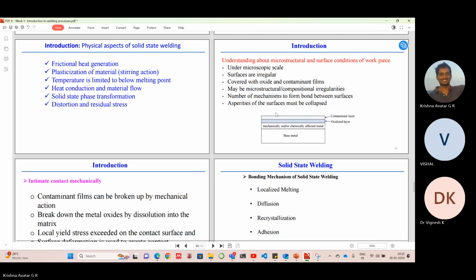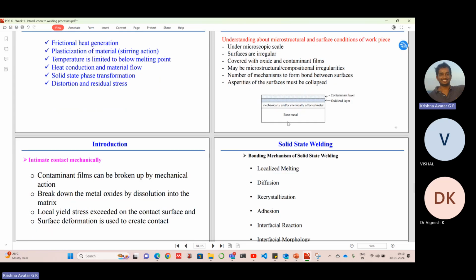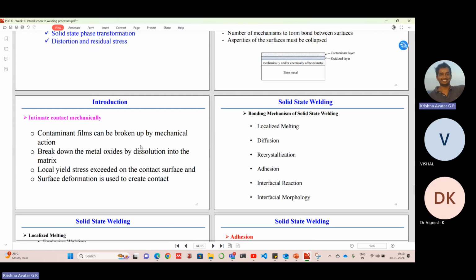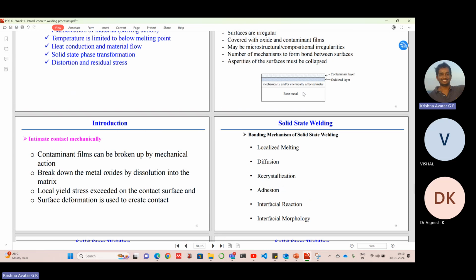Okay? And also the asperities of the surfaces have to be collapsed. Both these layers have to be removed. So breaking this contaminant layer can be done by mechanical action.